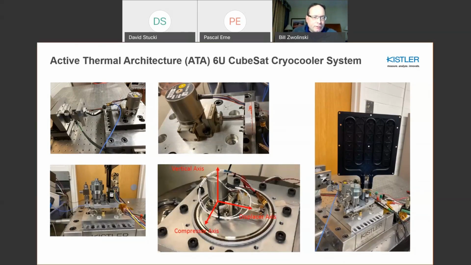This picture illustrates some of the axis conventions. The y-axis out of the dyno is usually around the connector, the x-axis is orthogonal to that out of this side, and the z-axis is vertical. In this case, the vertical axis is up and down, like the z-axis of the dyno, and you have the displacer axis and the compressor axis of the cryocooler.